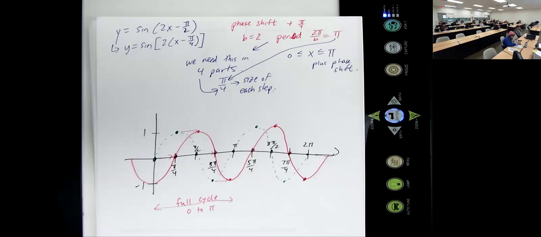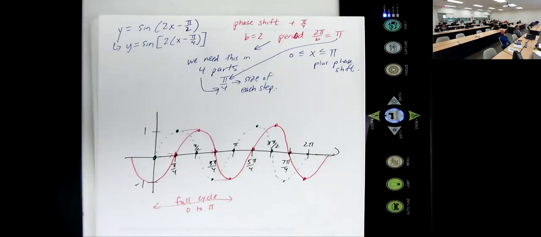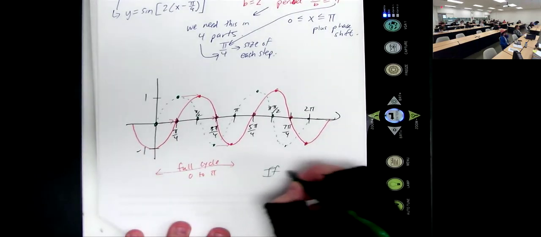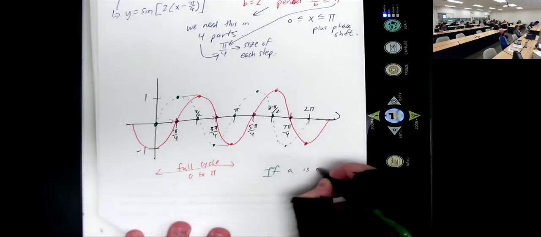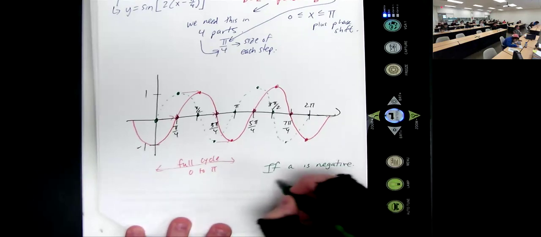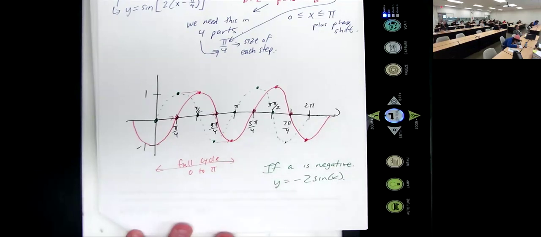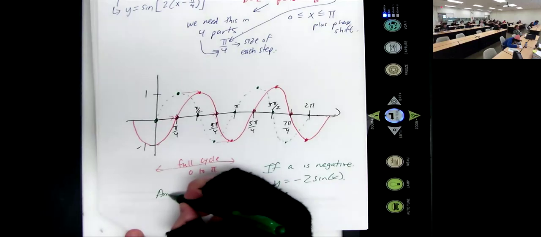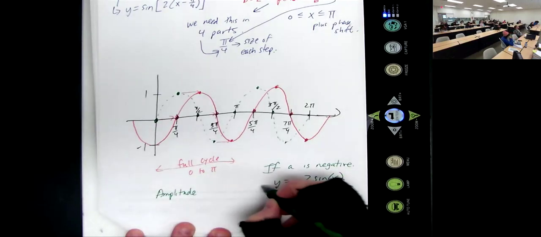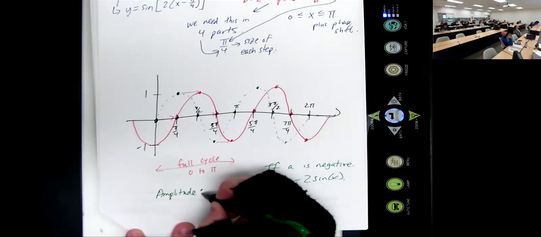Victor was asking me a question during break, and I think it's worth pointing out the way the homework wants you to answer it. If A is negative, like if we had y equals -2 sine x, in the amplitude box do the positive version: put in amplitude is 2.